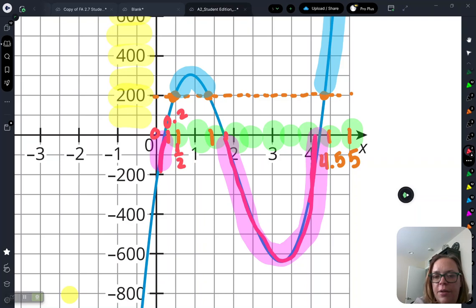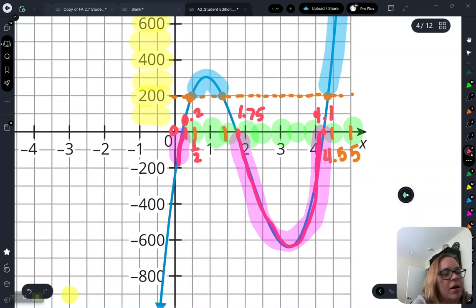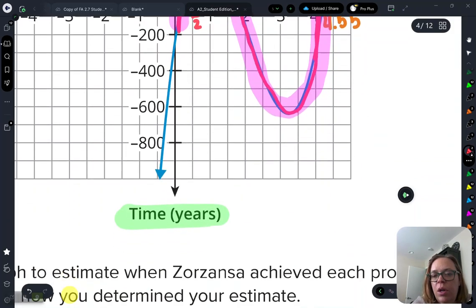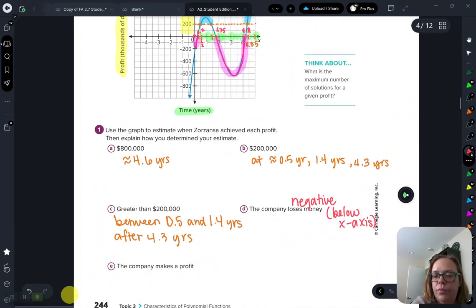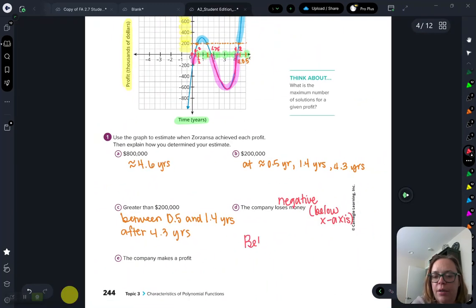And then here is about maybe 1.75 to about 4.1. It's a little hard to say, maybe 4.2. Okay, so between 0 and 0.2 years and 1.75 and 4.2 years.